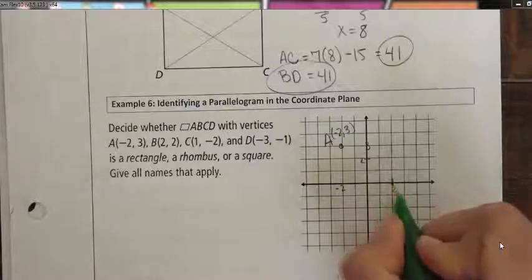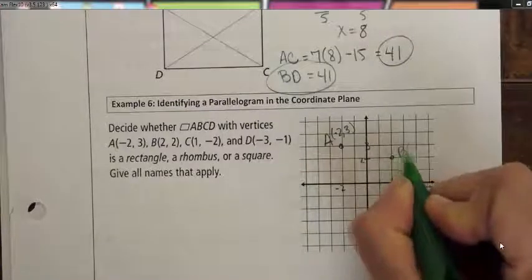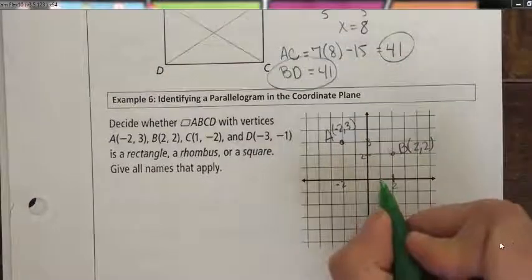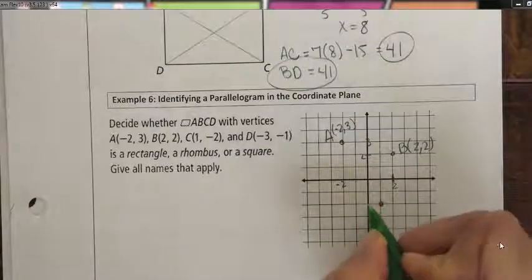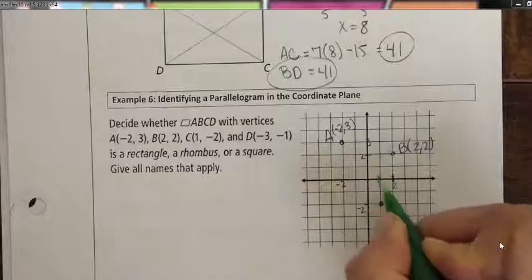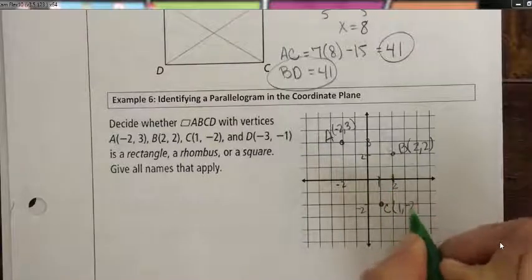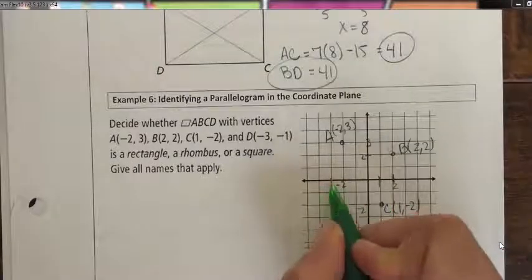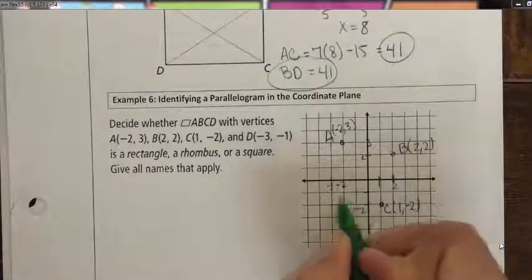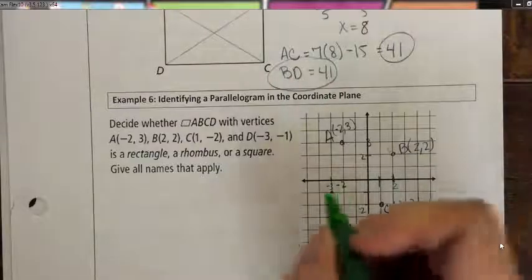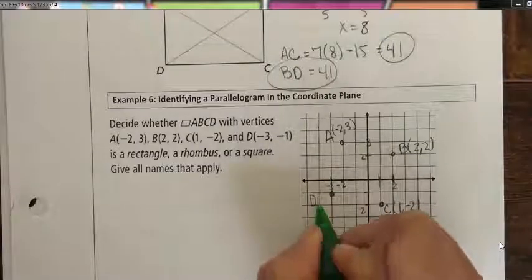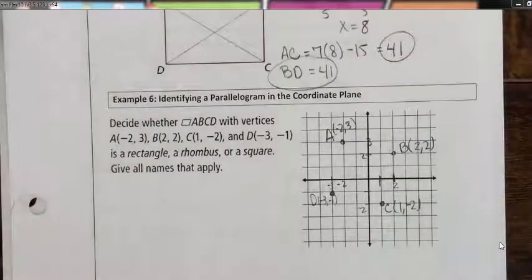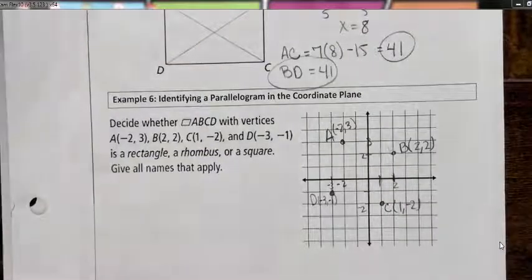There we go, that's 2. C is 1, -2. And D is -3, -1. Okay, I think I should use a ruler for this one.